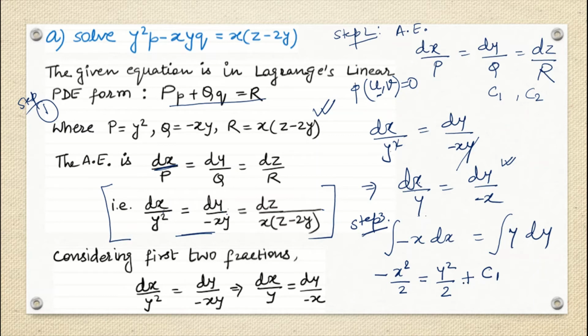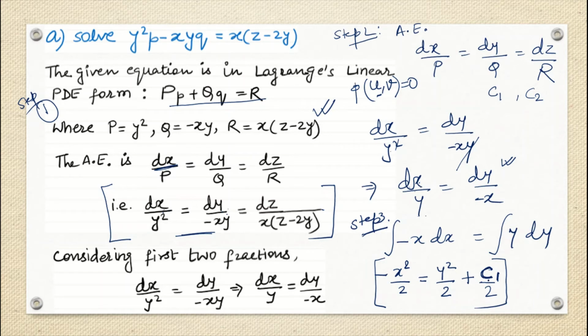Here something we need to understand: if I am writing c1, what is this c1? I don't know what c1 is. C1 is some arbitrary constant, for sure some constant. If instead of c1 I write c1 by 2, that also will not make much difference, because even for c1, what the actual value is, I don't know.